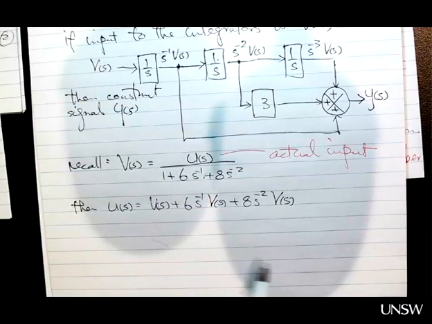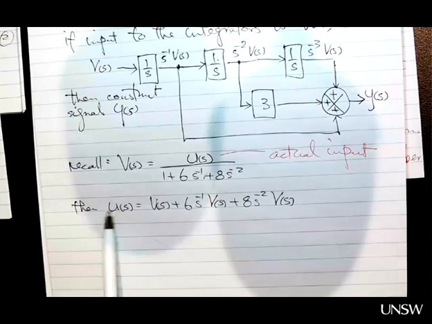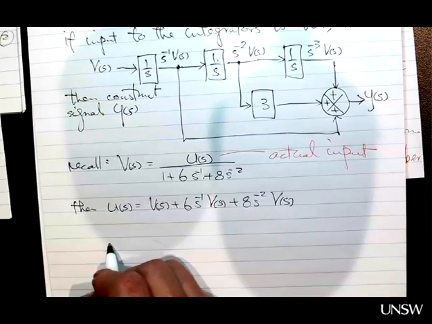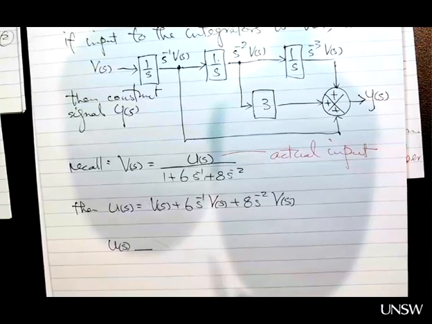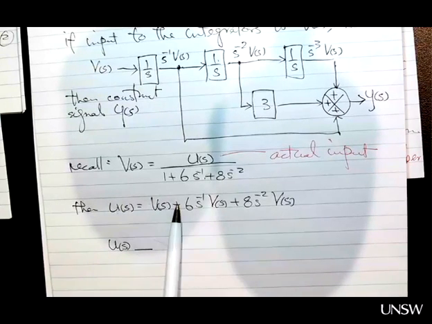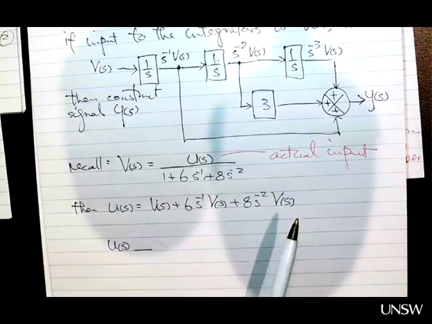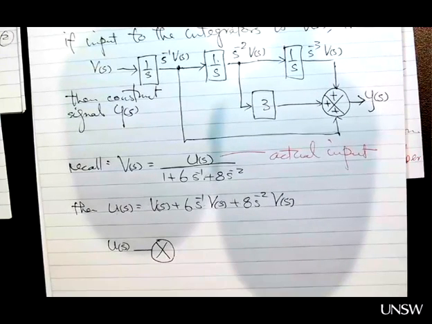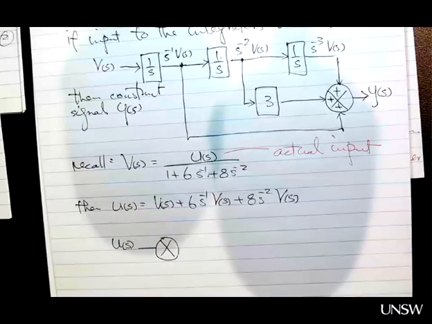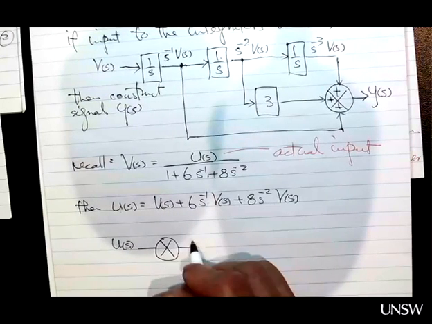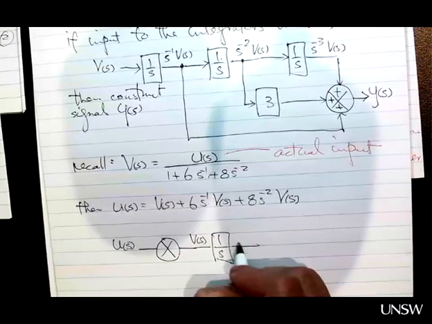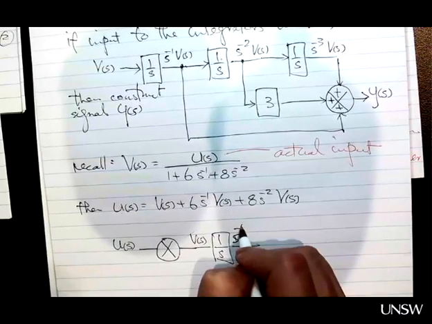Then similarly, we treat the U(s) as the input. Then we have the U(s) here. It is equal to the summation of these three terms. So we have a summation. Then we have the V(s) here. And then we integrate, so we have s^-1 V(s).